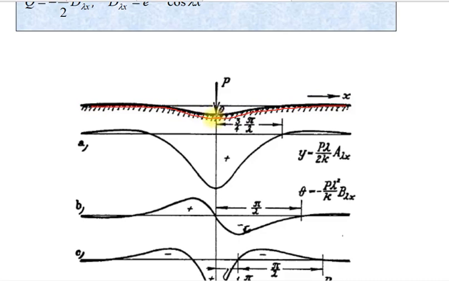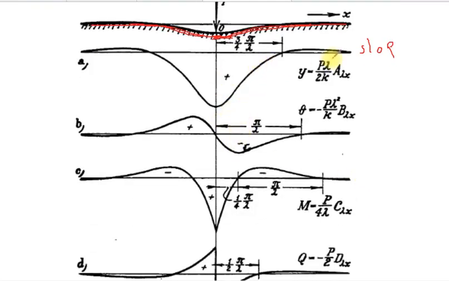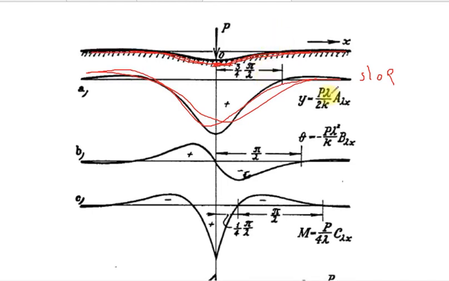Here is the maximum under the P, and along the pile the deflection will decrease and nearly equal to 0. Also with respect to slope, we can use the following relation. This is the deflection, and this is the equation of deflection.